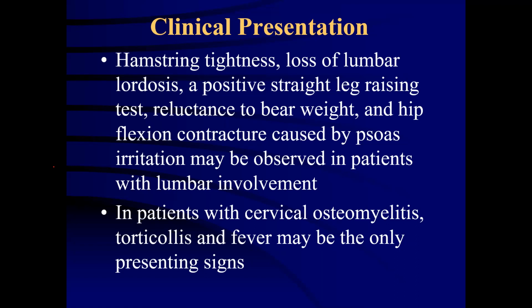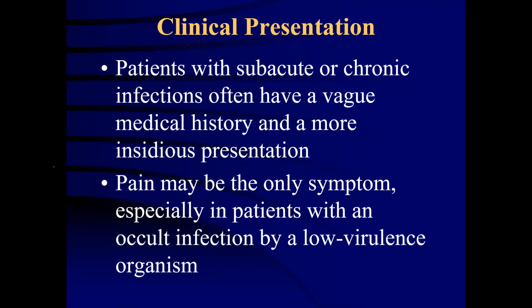In patients with cervical osteomyelitis, torticollis and fever may be the only presenting signs. Patients with subacute or chronic infections often have a vague medical history and a more insidious presentation.